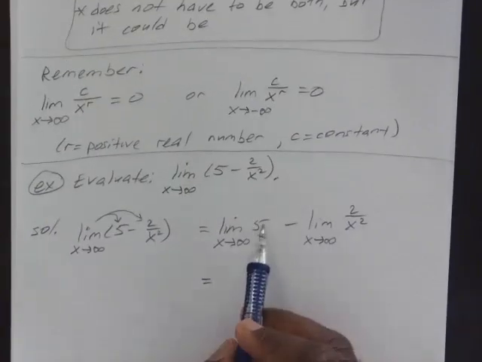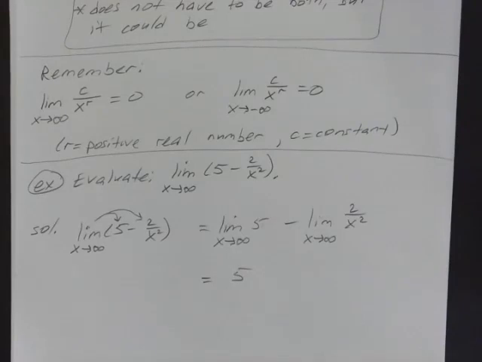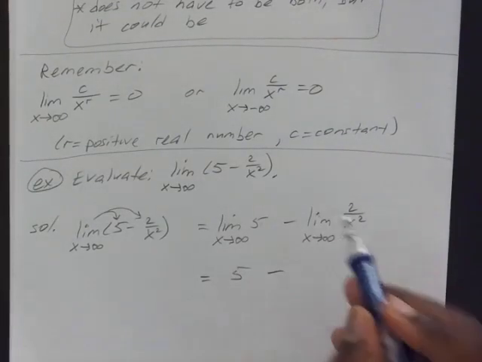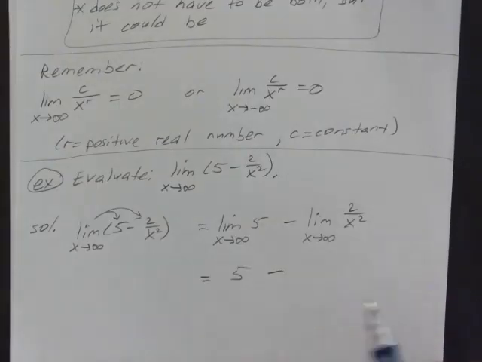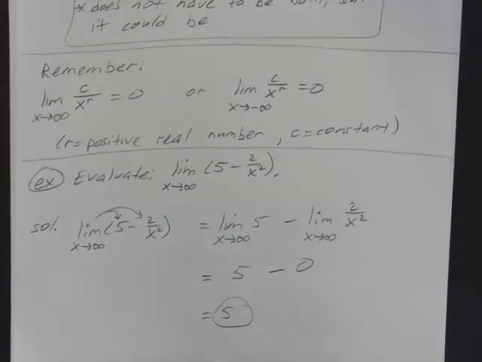Okay. Well, we know the limit of a constant is just that constant. So the limit of 5 is just 5. Minus the limit of a constant divided by a number that's getting bigger and bigger and bigger, that limit approaches 0. So it's just 5.